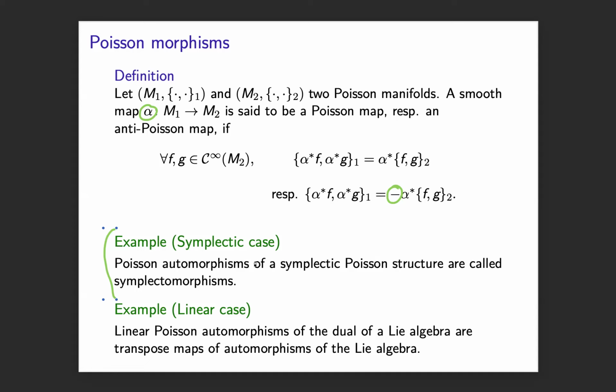The Poisson automorphism of a symplectic Poisson structure is called a symplectomorphism. It's just a name. And for the linear case, linear Poisson automorphisms of the dual of a Lie algebra are transpose maps of automorphisms of the Lie algebra.